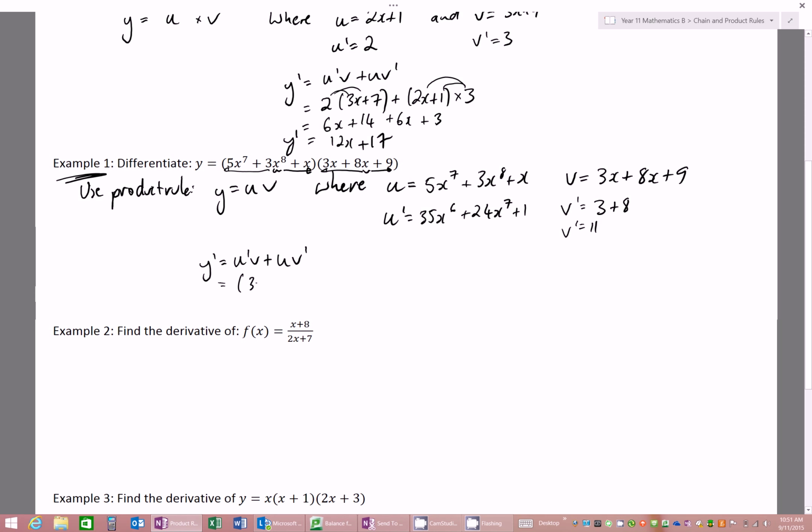u dash is 35x to the power 6 plus 24x to the power 7 plus 1. Okay, I grabbed it from here. Times v, which is 3x plus 8x plus 9, plus u. u is this function, 5x to the power 7 plus 3x to the power 8 plus x, times v dash, which is 11.